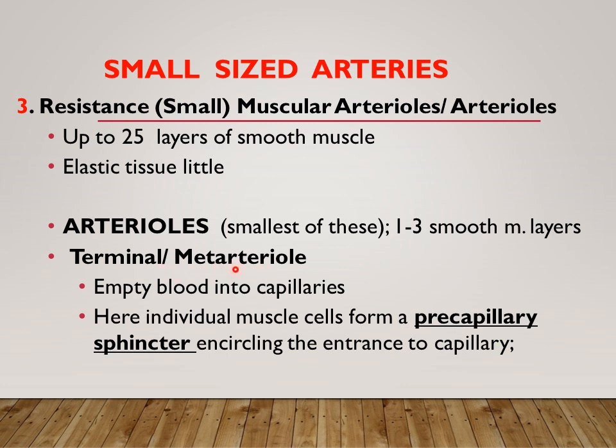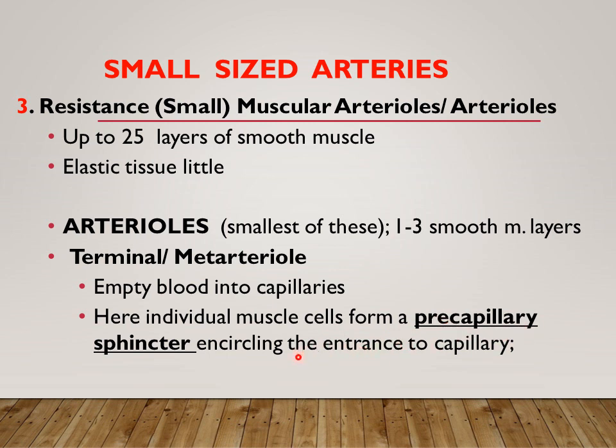So at this terminal arteriole level, the blood is going to empty into the capillaries, and here some balance and maintenance is present for the flow of blood into the capillary, which depends upon the precapillary sphincter.